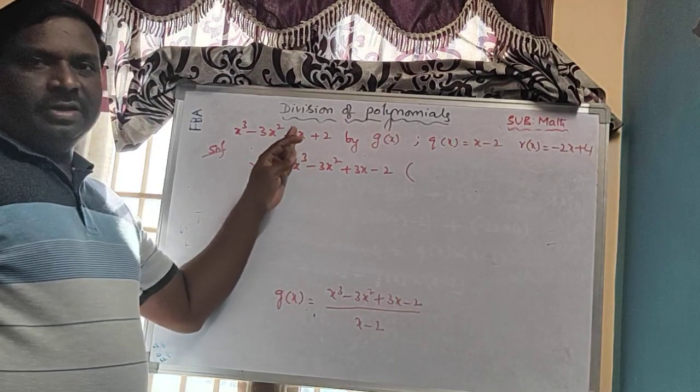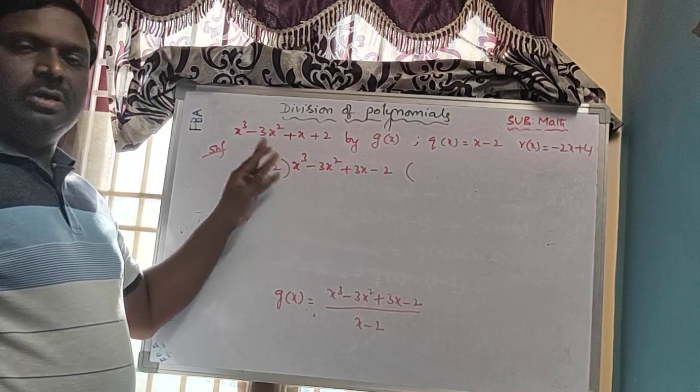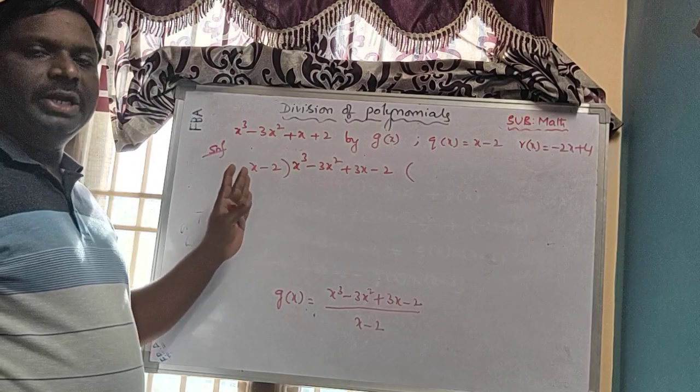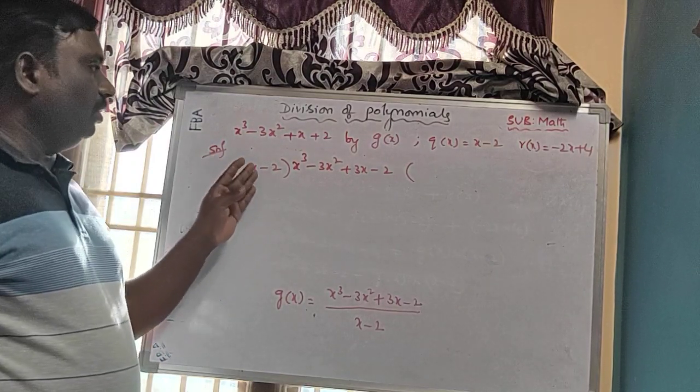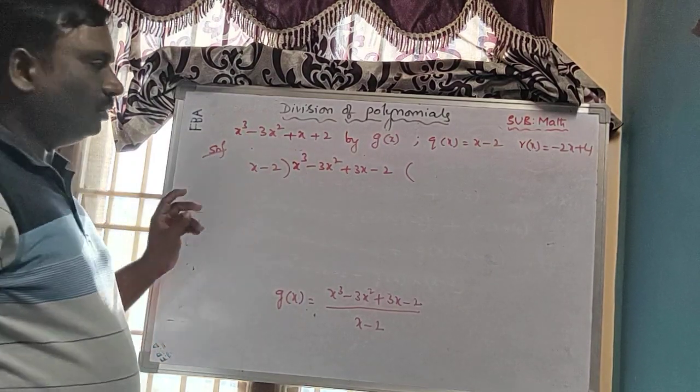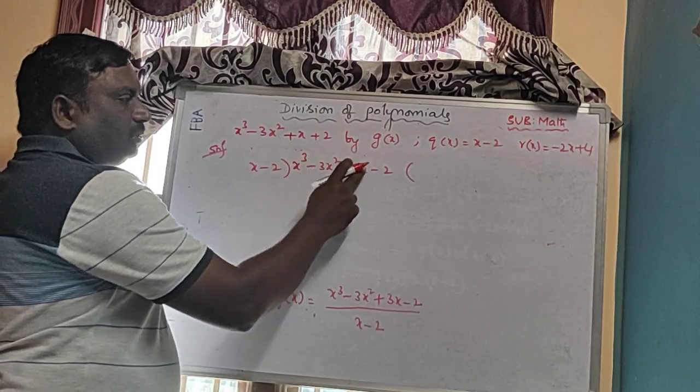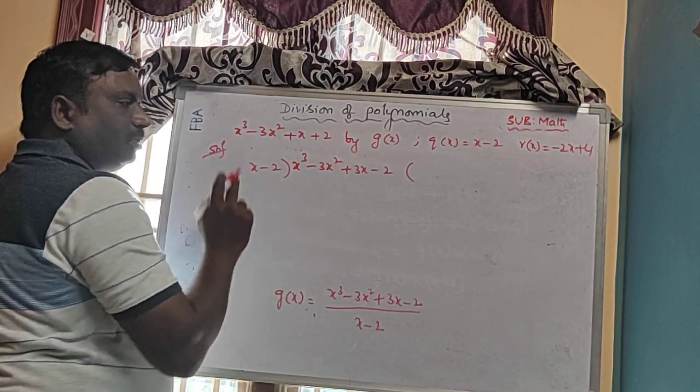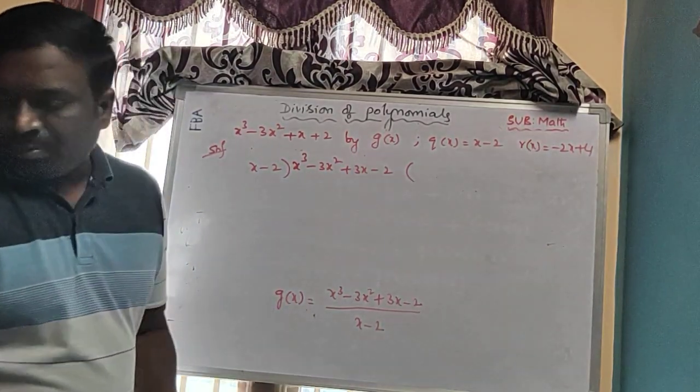Already identified the degrees of the variables. Already they are in descending order, no need to write along with 0. So x cube, x square, x power 1, x power 0. So now do the normal division.